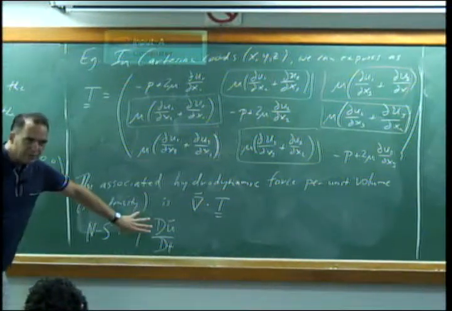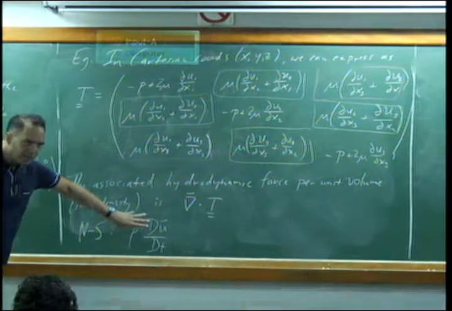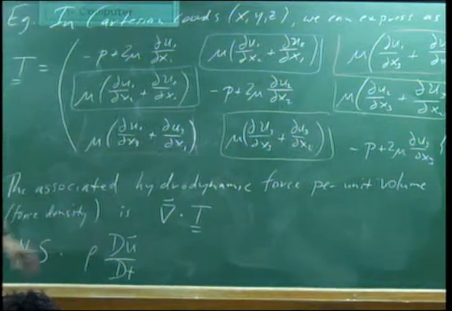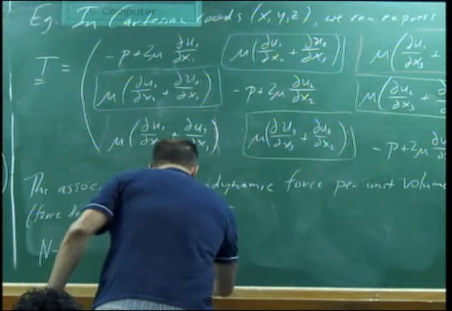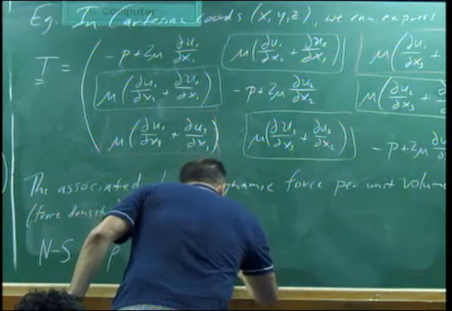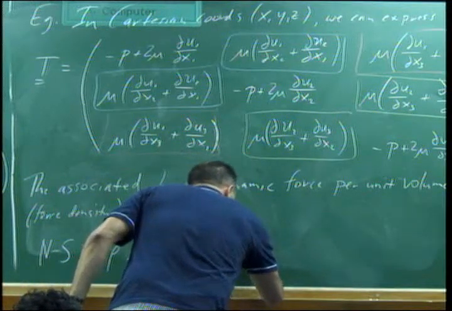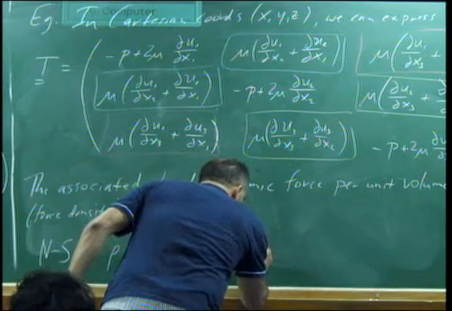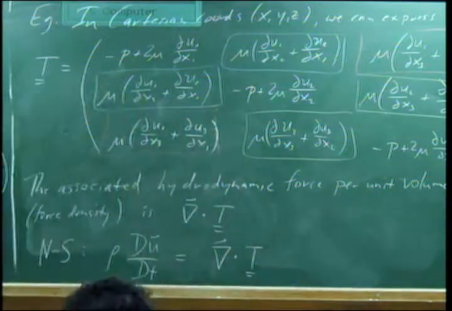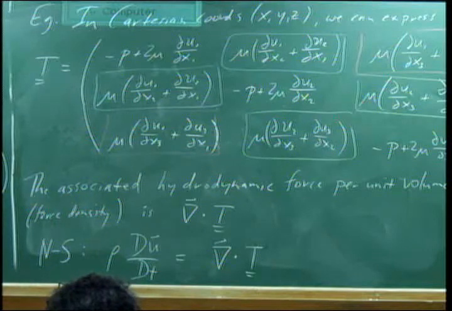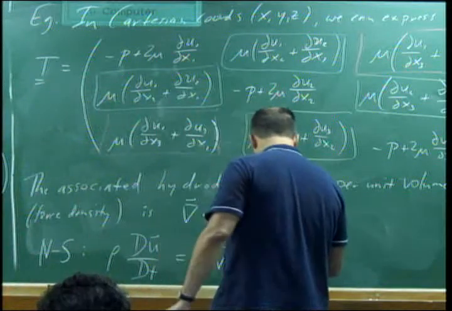So this is our mass times acceleration term. The mass times acceleration of a fluid parcel is simply expressed as the hydrodynamic force per unit volume, which is the divergence of T, plus whatever external forces are acting on the system.